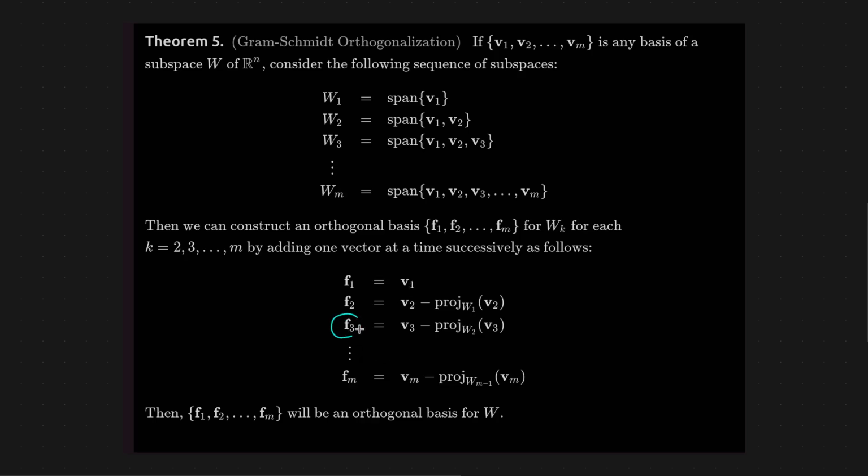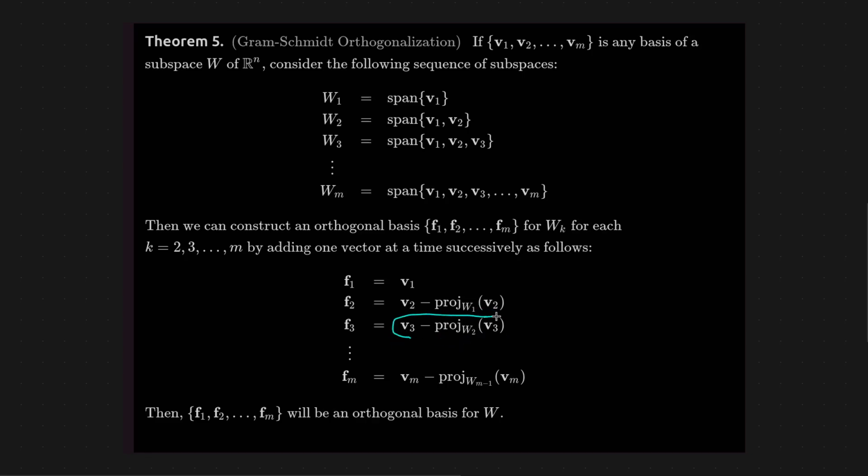To find F3, I'm going to take V3, which is the new vector in the spanning set for W3, and then subtract the projection of V3 onto my previous subspace W2.